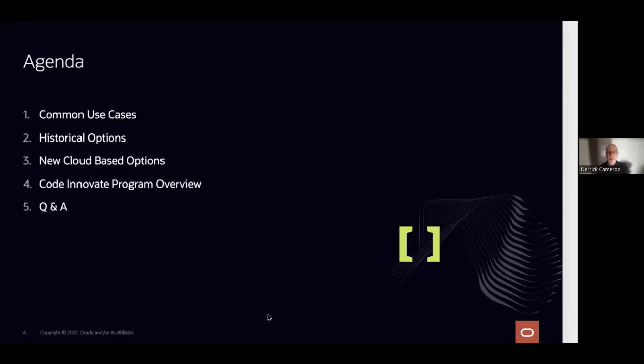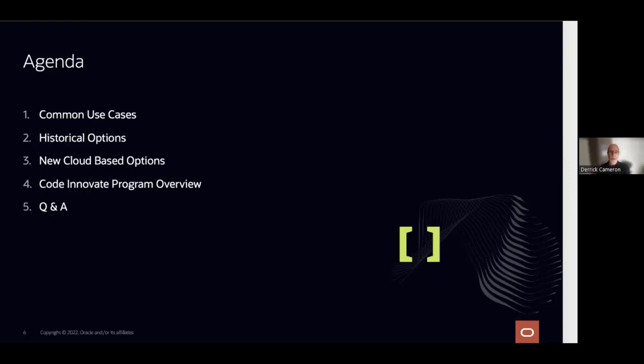What I wanted to do is, we've been working in the Code Innovate program with a lot of customers with services that interact with the database that are using our APIs and some of the new features. And so we thought we'd do a presentation today focused purely on the interaction of data sources, things like object storage, and data in other data sources that interact with the database that are in the cloud.